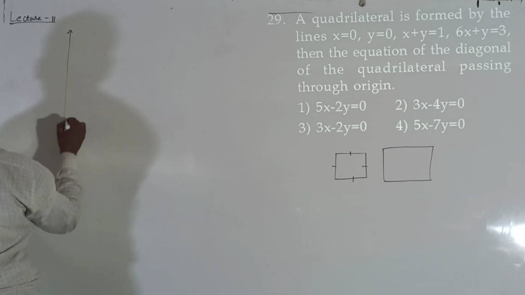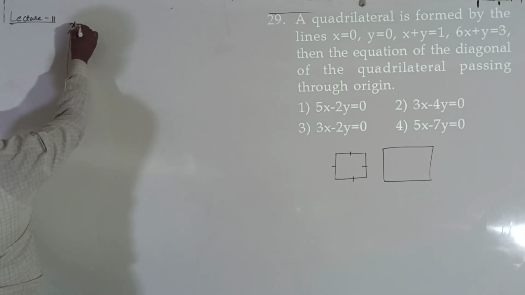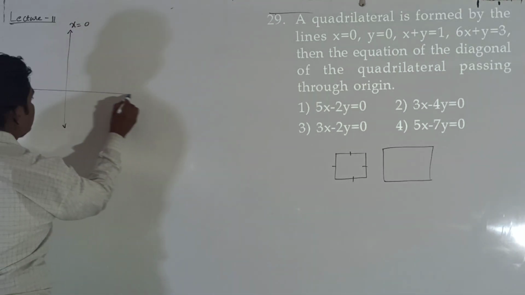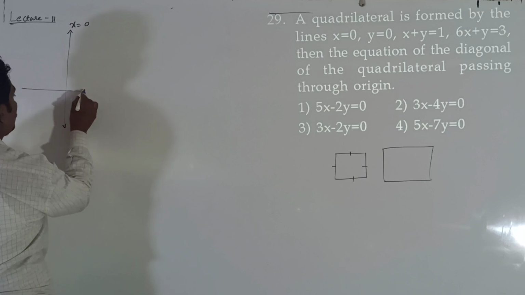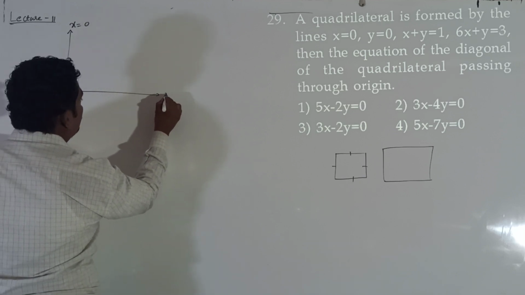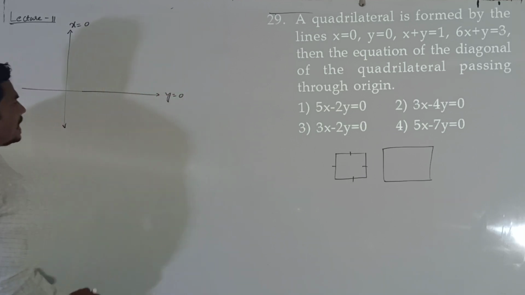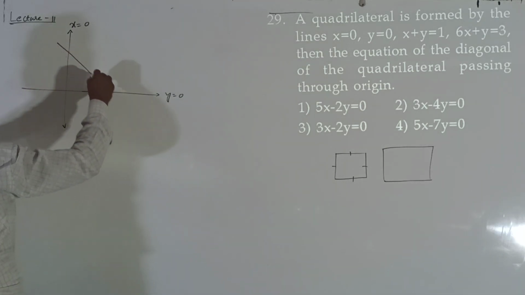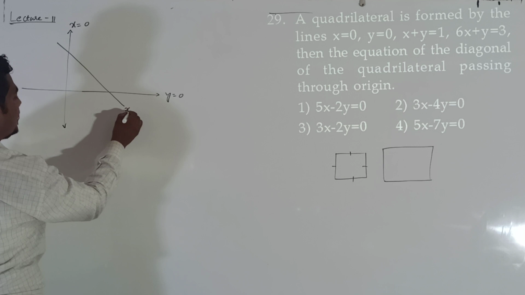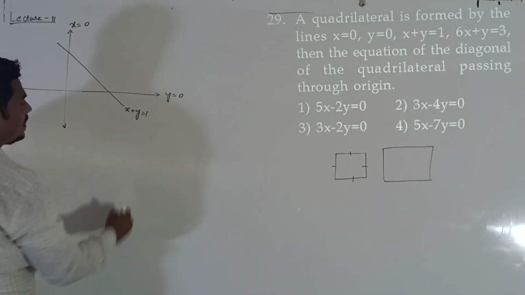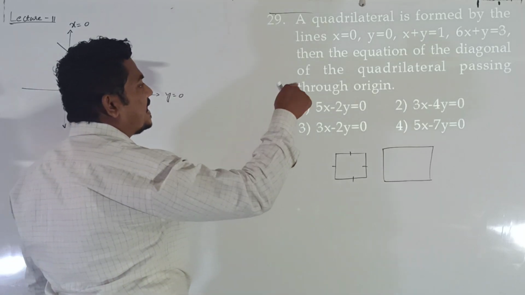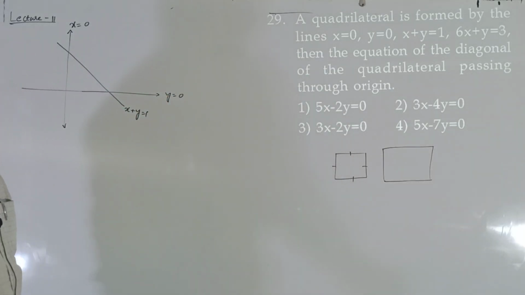This is the line x equal to 0, which means the y axis, and this is y equal to 0, which means the x axis, and 2 more lines they have given. This is one line, x plus y is equal to 1, then one more line, 6x plus y is equal to 3.